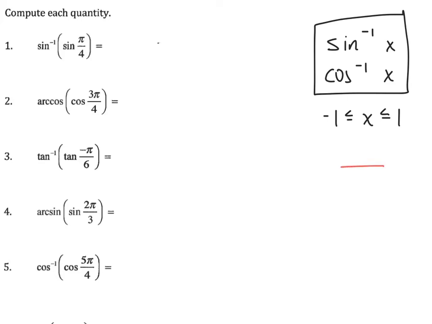Remember that your tangent curve does this, right? It's going from -infinity to infinity. Whereas with your sine and cosine curves, remember cosine starts at 1 and comes all the way down to -1.